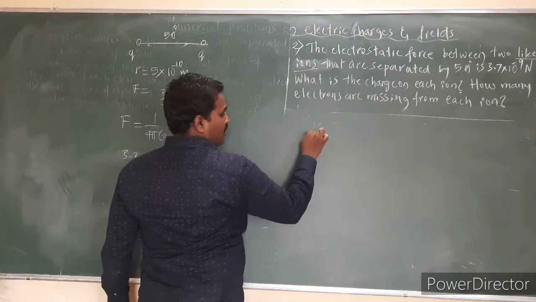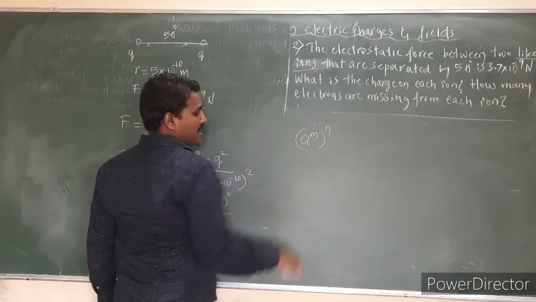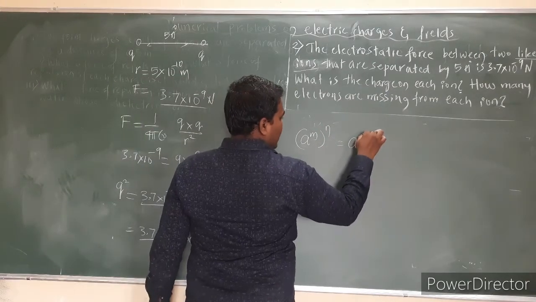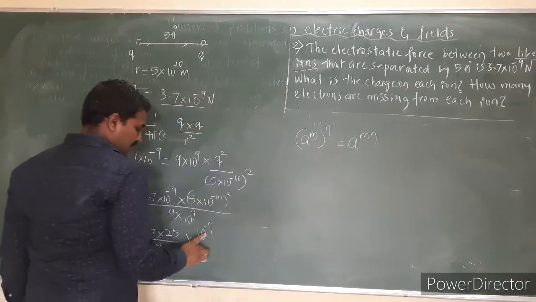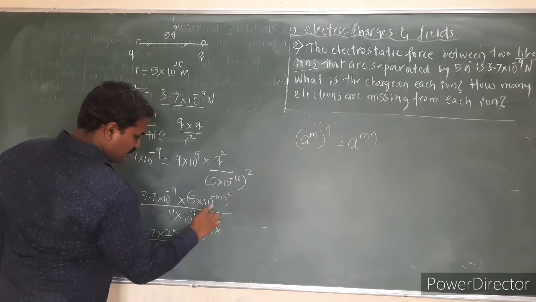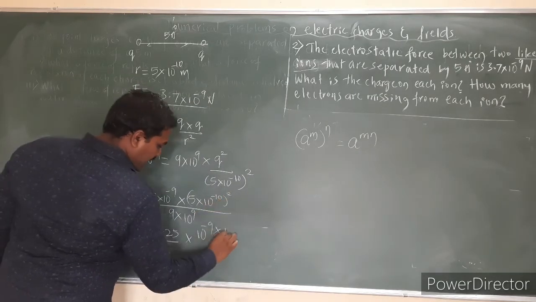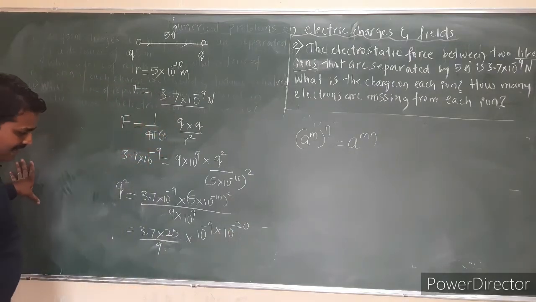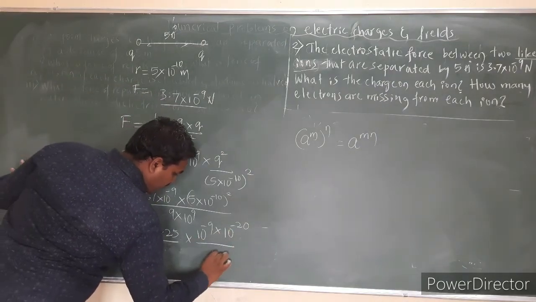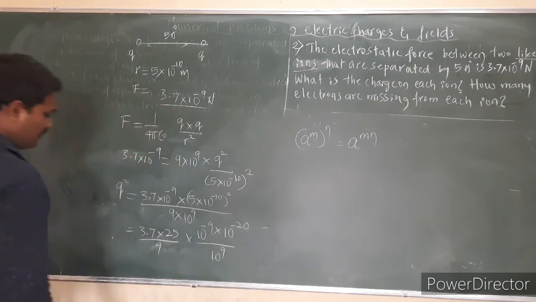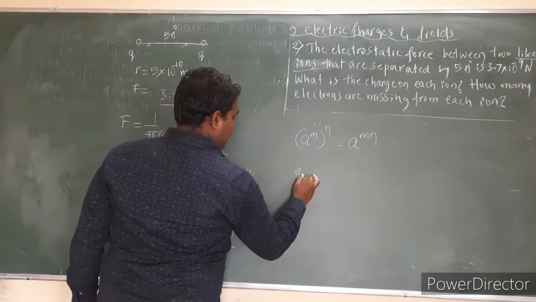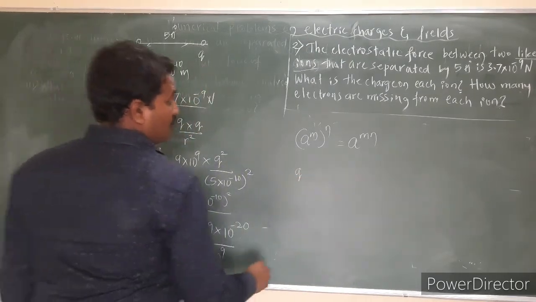I know the formula (a^m)^n is written as a^(m×n). So here I write 10^(-10×2), which is 10^-20, whole divided by 10^9. So when I substitute the values and simplify, I can get q is equal to this.